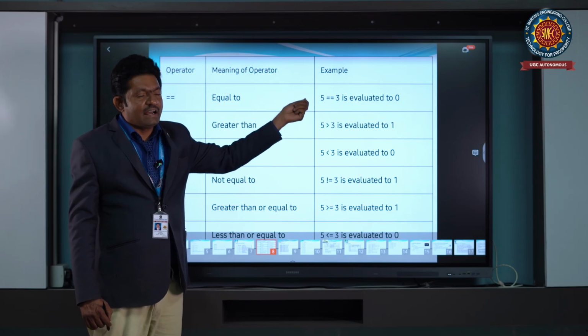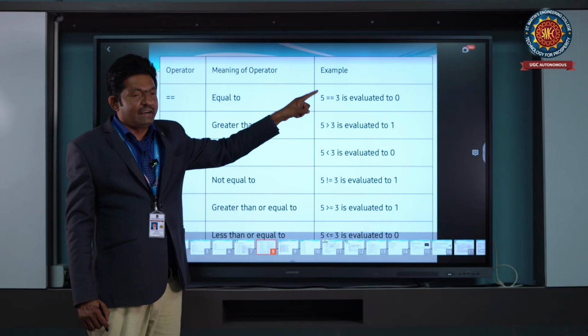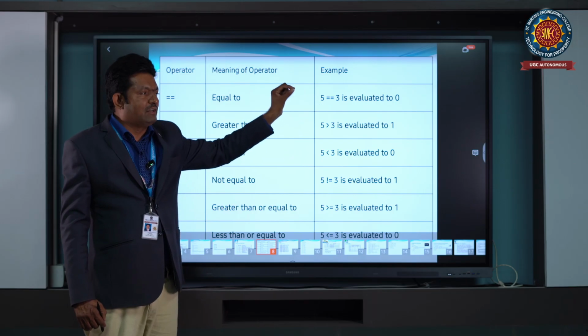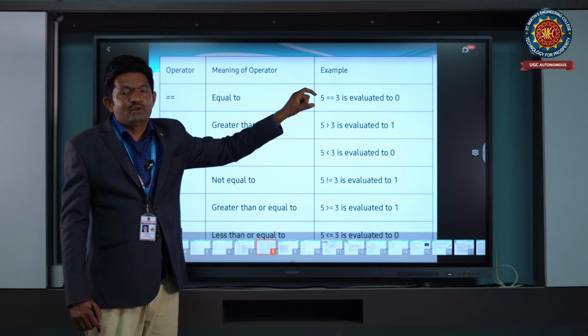Now A is not equal to B, that's why it is treated as false. The condition is failed here, and in C language it will print the false value, that is 0.